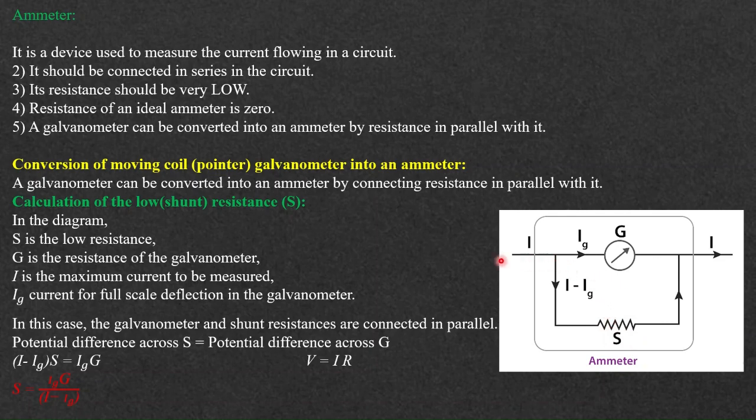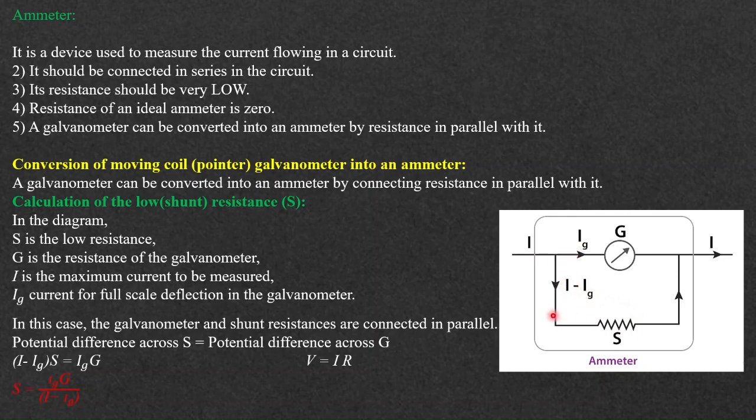Now, this is the total current which is flowing through the wire. Here it divides. Some part will flow as Ig, the current flowing through the galvanometer, and some part will flow through the resistor S. So the total current I is getting divided into Ig and I minus Ig.